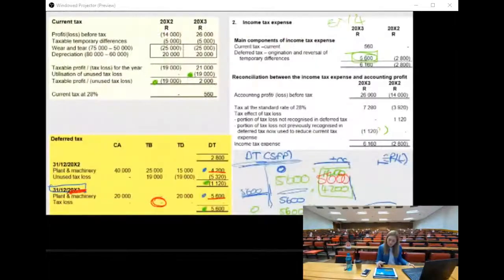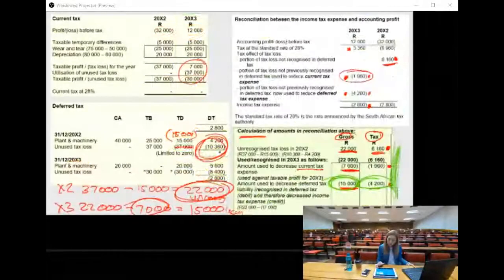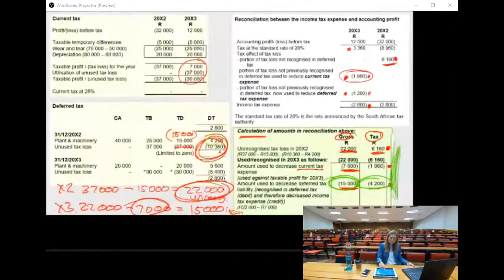No. Oh, I can't remember now where that is. Oh, okay, so the 1,400, the movement from the 4,200 to the 5,600. Okay, I'm not exactly sure, Mr. De Jager. Let's see if I maybe answer your question when we talk through the others. Otherwise, please send me an email.